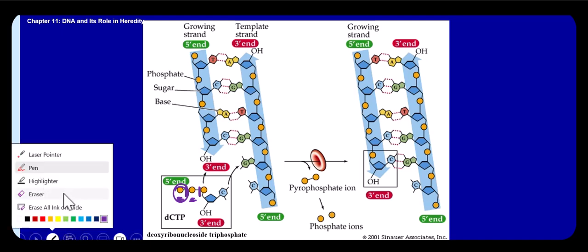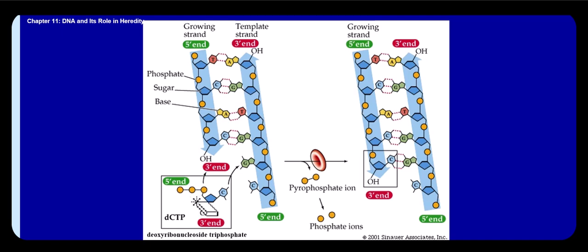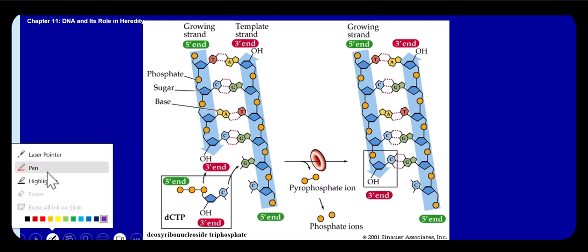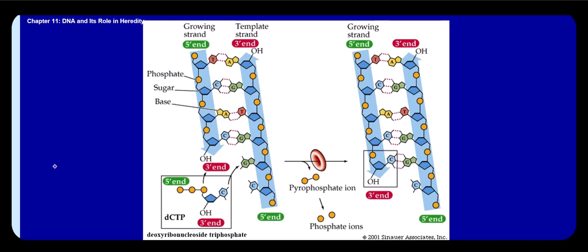But what you're going to start doing as we start moving through our topics is keeping a really close eye on these phosphates, and more so the high energy phosphate bonds. It's kind of like a budgeting project.